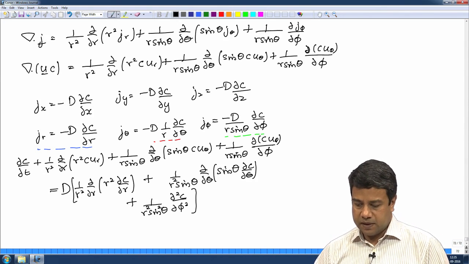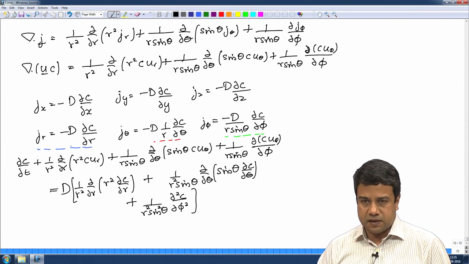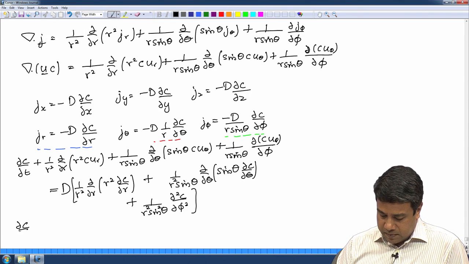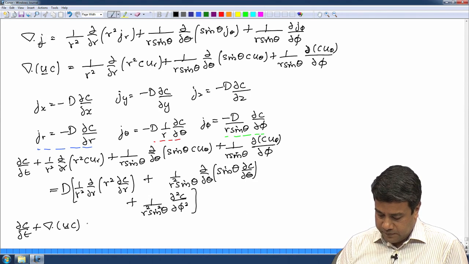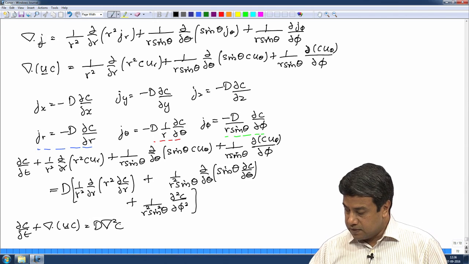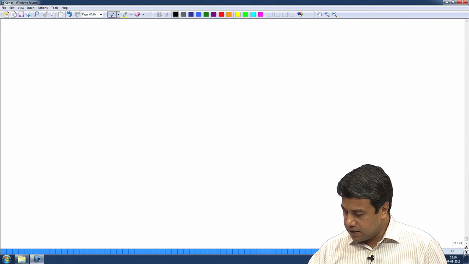Okay. I have simplified it by just inserting the expression for the fluxes in. And once again, if you compare it with the equation partial c by partial t plus del dot u c is equal to d del square c, this gives me the expression for the Laplacian operator.